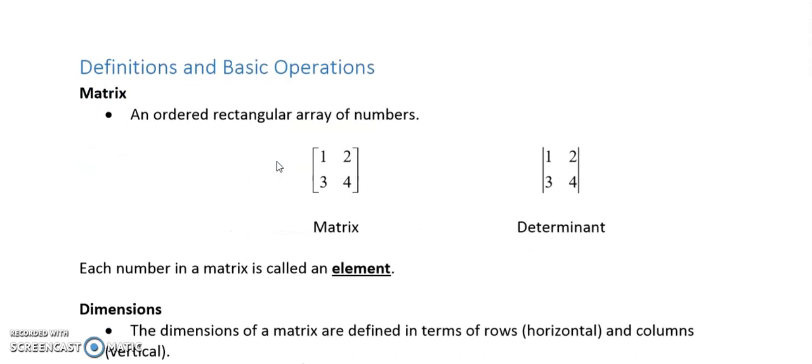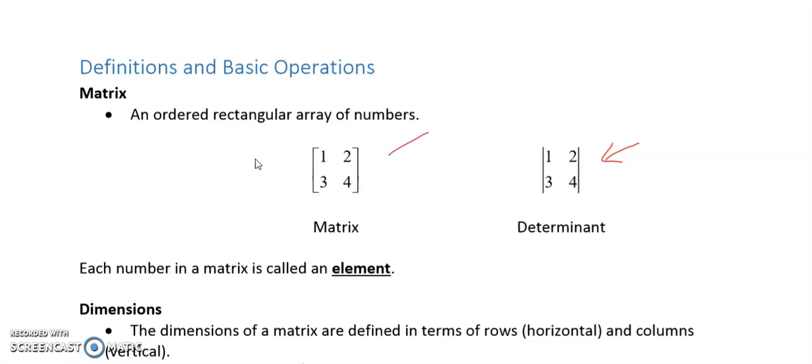Definitions and basic operations. Basically, a matrix is just an array of numbers in some kind of a rectangular form. They could be square, or they could have more columns than they have rows, and vice versa. Notice the difference between a matrix and a determinant. For example, this is a determinant. This was what you were using your calculator to evaluate in Math 1700.